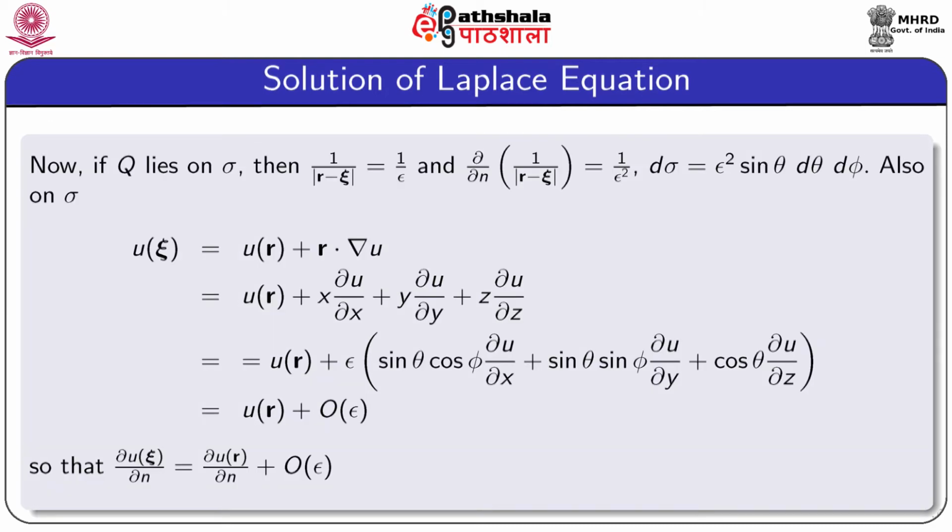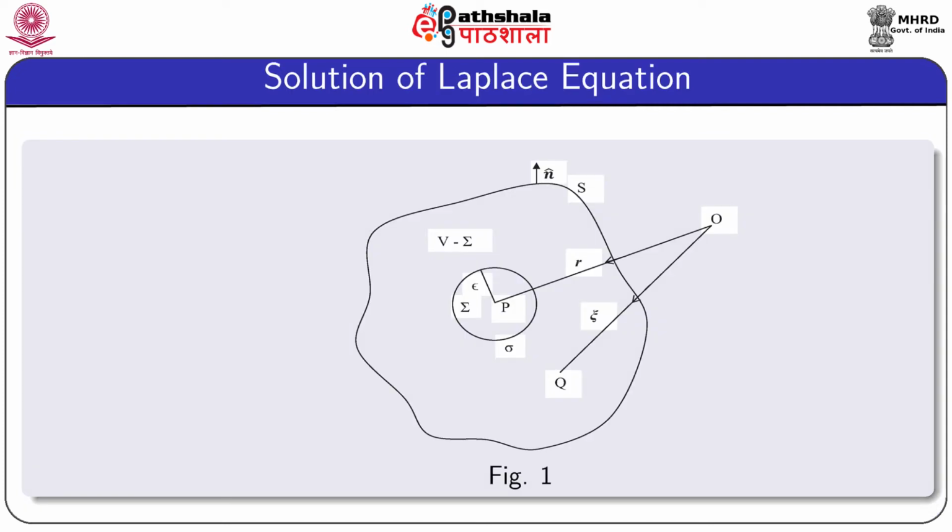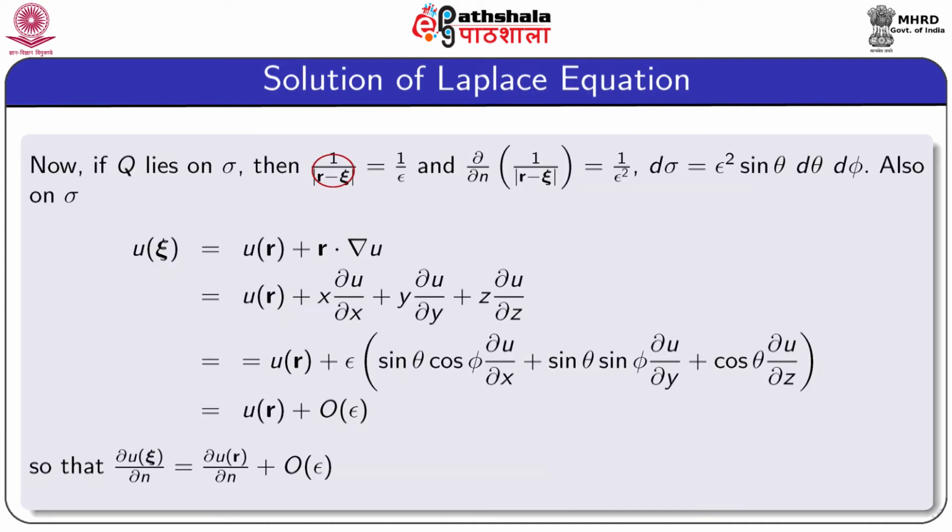If we take a point on small sigma, this is a point on the sphere of radius epsilon. Therefore, the value of 1 by mod r minus chi is equal to 1 by epsilon, and the derivative of this 1 by mod r minus chi is equal to 1 by epsilon square.